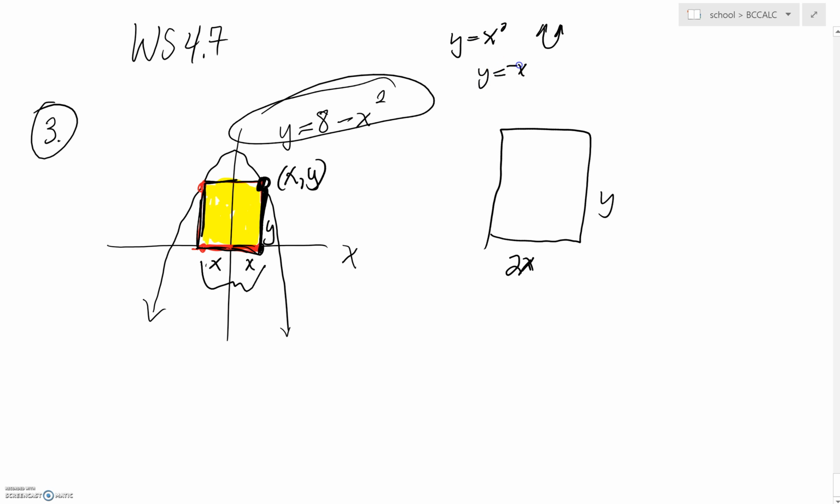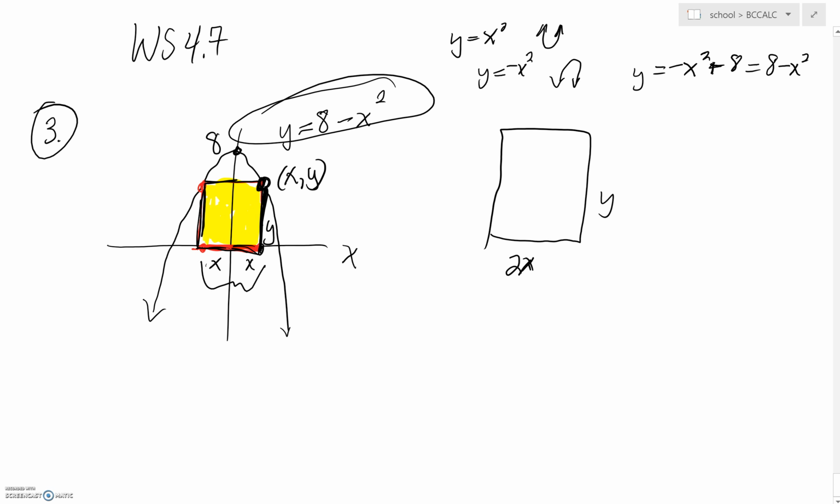If you had opposite x squared, you'd have a parabola opening down. And if you had negative x squared plus 8, which would be equivalent to 8 minus x squared, that would raise your vertex 8 steps up. This is how we know what that graph is really looking like.